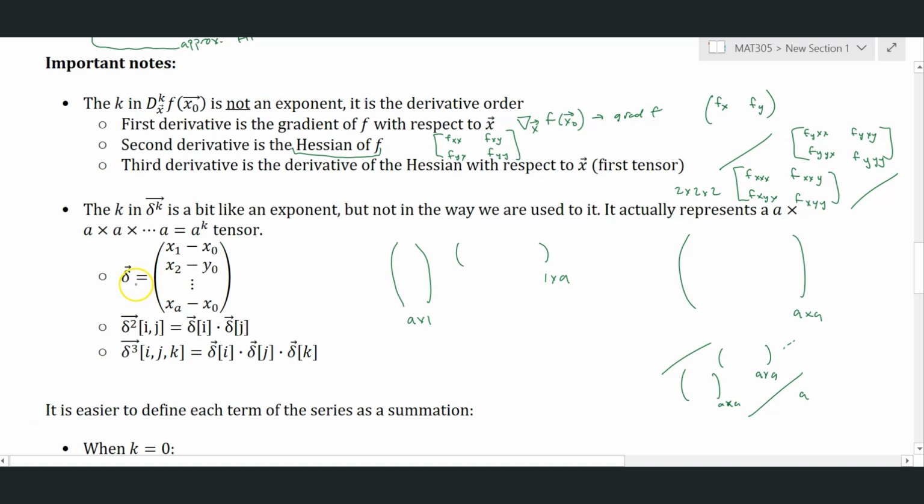Now, just to point out what these look like, the delta vector would just contain, remember, a variables. So I've just labeled them x1, x2, all the way up to xa. And then we're subtracting away those initial values.